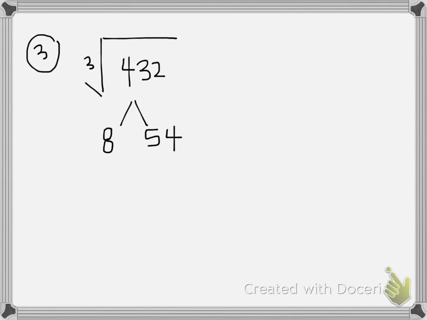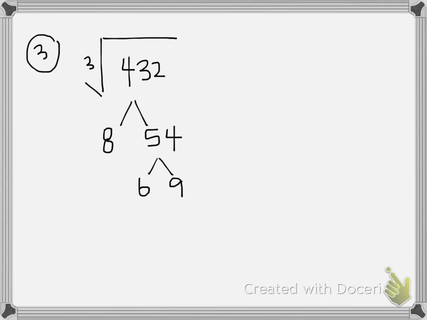Okay. 54 is 6 times 9. So we're looking for a perfect cube in here. 8 is 4 times 2. So far I don't have any perfect cubes. Or I lied. 8 is a perfect cube. So I could just stop right there.